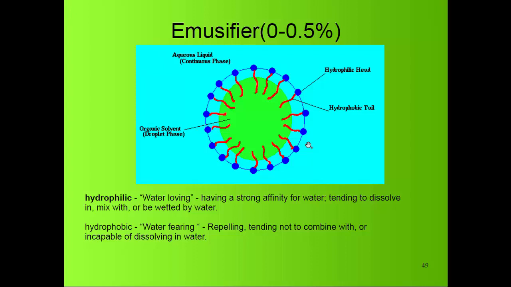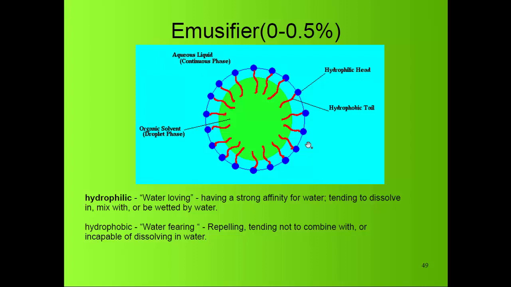So these emulsifiers have a hydrophilic head and a hydrophobic tail. What happens is it finds a chunk of fat or protein and it sticks its tail into the protein and the head points out from the material.